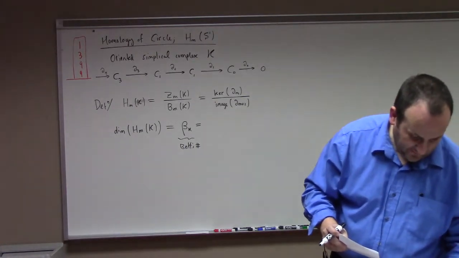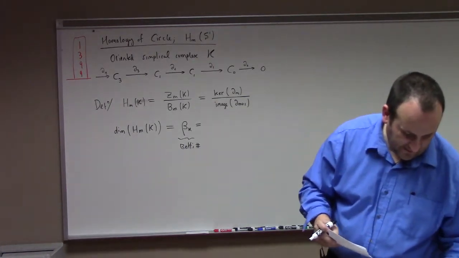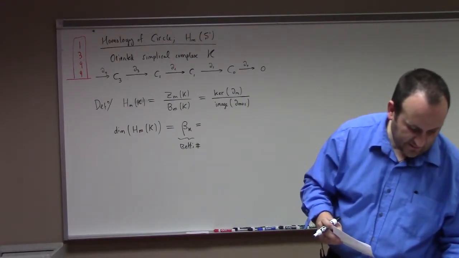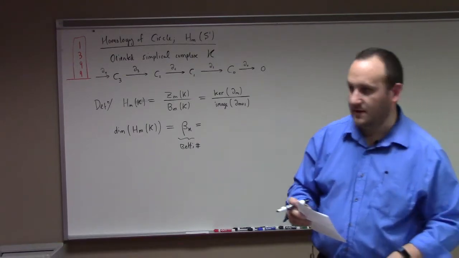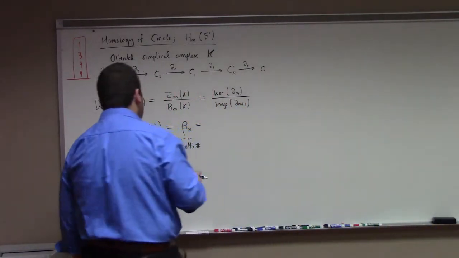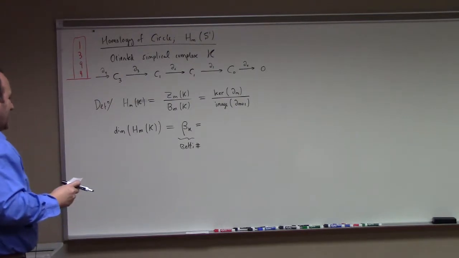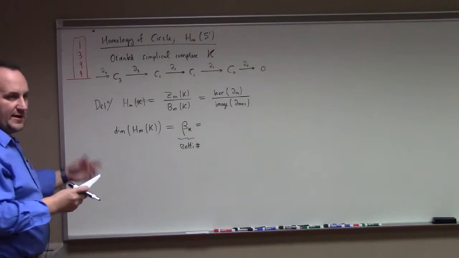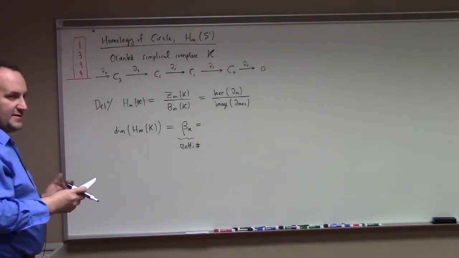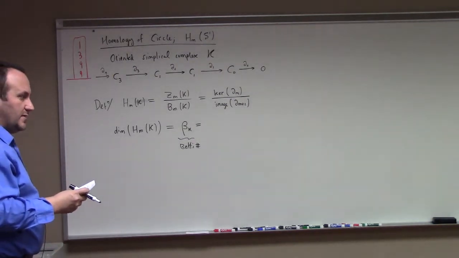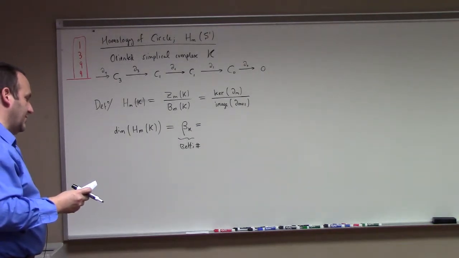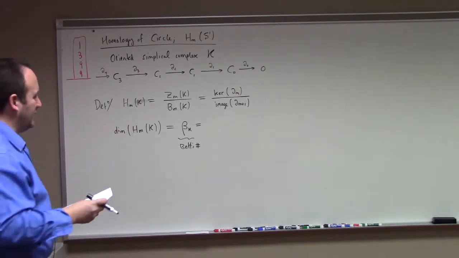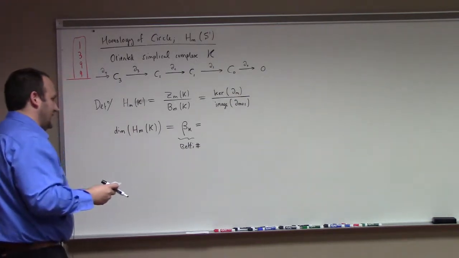On page 145, he says that the dimension of H_m(K) is called the mth Betti number of K, and as we shall see, beta m of K basically counts the number of m-dimensional holes of K. I'm not sure I understand that sentence when I actually try to pair it against the examples. But anyway, we're going to calculate the homology. I don't disagree that homology has something to do with there being holes in space. I'm just not sure how to understand that sentence with what we're about to calculate. I'll just say that, okay?